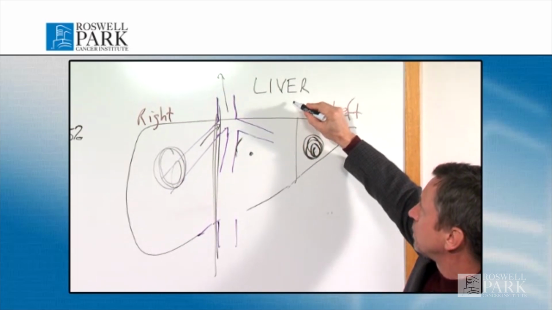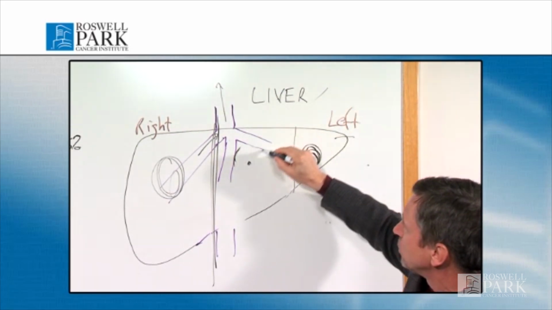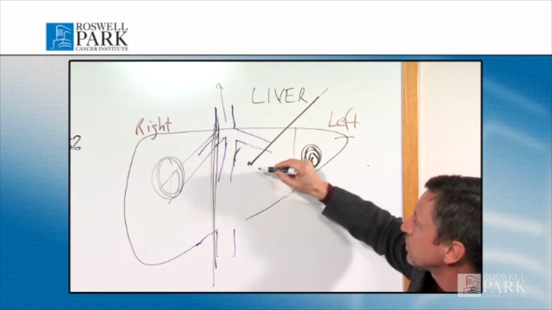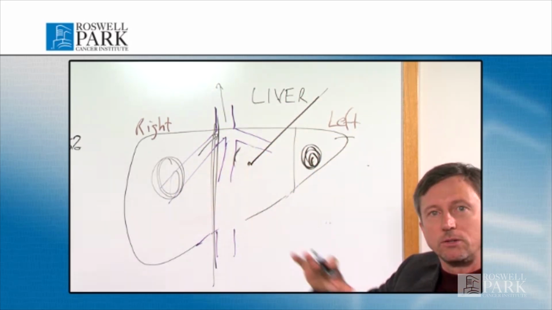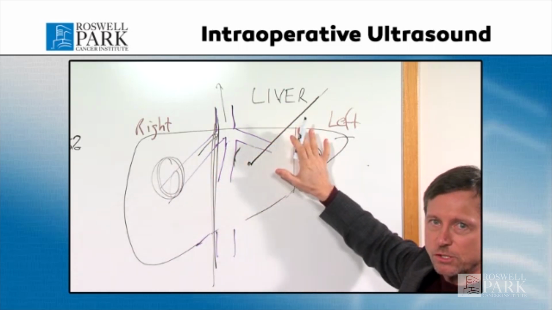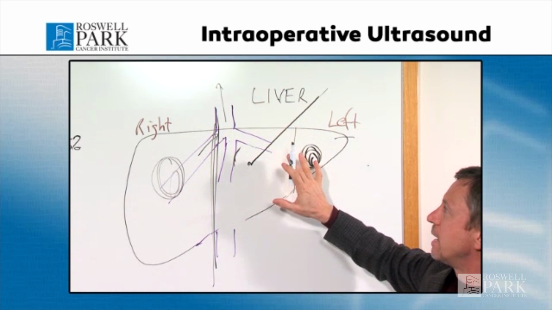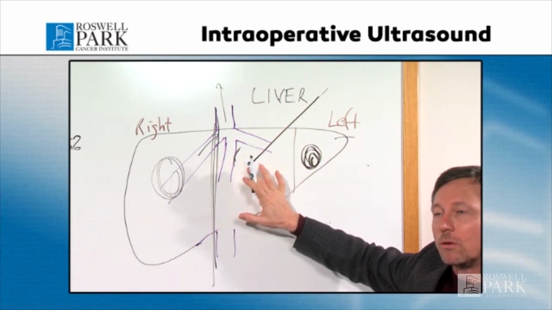Well, we could also use something called microwave ablation, which we discussed previously, and you can actually put a needle using ultrasound. In the operating room, we're doing what's called intraoperative ultrasound. So we're actually running an ultrasound machine directly over the liver, mapping out where all the tumors are and helping us find them and localize them.